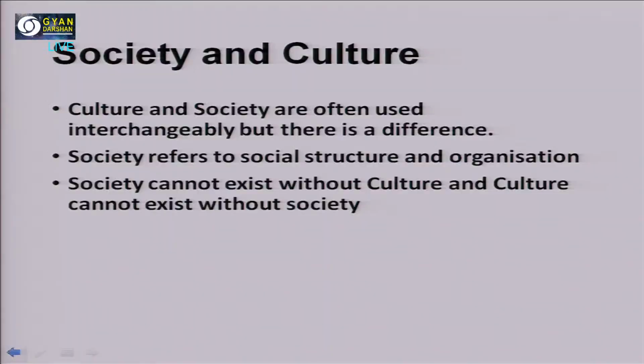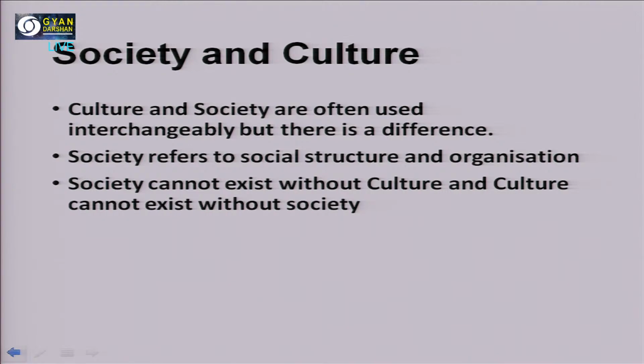Let's examine the very slight distinction between society and culture. Very often these terms are used interchangeably. However, there is, like I mentioned, a slight difference. Society refers to the social structure and organization. For instance, rural society, urban society, tribal society, and it refers to the various systems or structures that exist within these organizations.